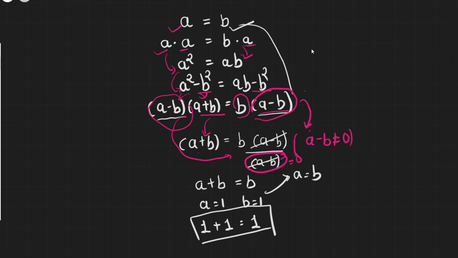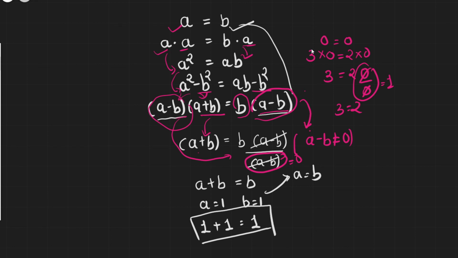If we divide by 0, we can get any solution. Like, let's say 3 into 0 is equal to 2 into 0, because 0 is equal to 0. That is right. Now if we divide 0 by 0 and we make it a 1, then we can get any ambiguous result.